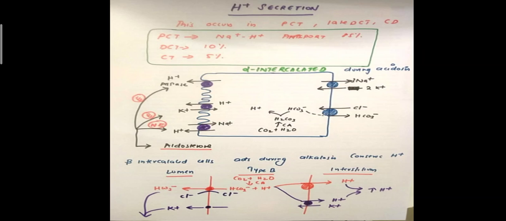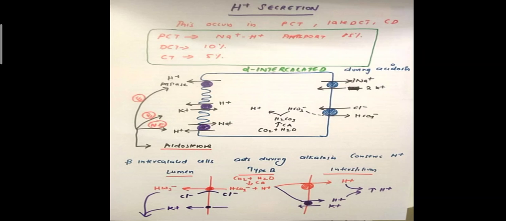And what is the role of the alpha intercalated cell during acidosis? Aldosterone has an important role via two energetic mechanisms and one non-energetic mechanism. Aldosterone has an important role in the hydrogen secretion. So in the apical membrane, here you can see the hydrogen ATPase, the hydrogen potassium pump, and the sodium hydrogen pump.